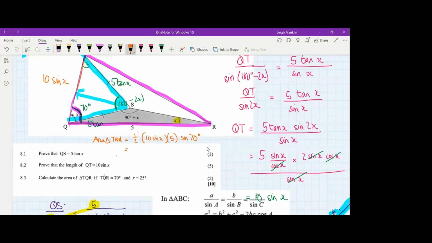It's not really neat. Oh sorry, X is 25, isn't it? So let's write here, this would be 10 sine 25 degrees times 5 times the sine of 70. Pop that into your calculator and out comes your answer of 9,93 units squared.